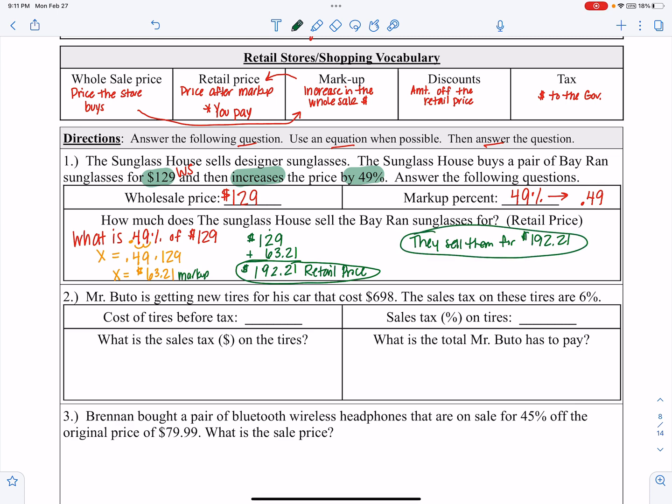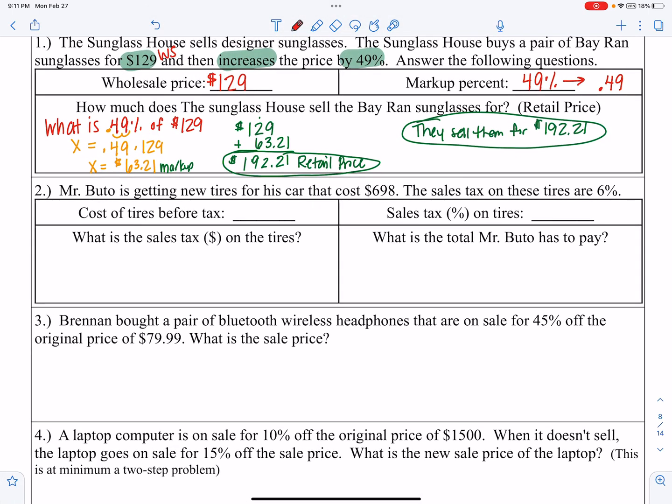All right, next one, back to red, rainbow colors here. Mr. Buto's getting new tires for his car. Those tires cost this much, and there is a sales tax on the tires. Okay, so our tax is this 6% right there, which is actually true for Pennsylvania.